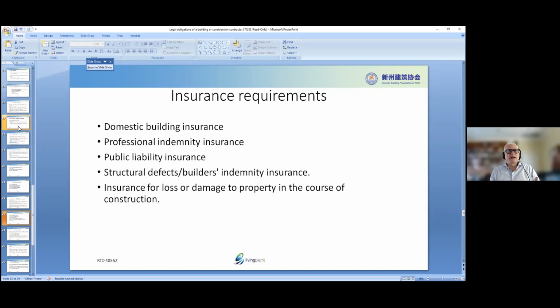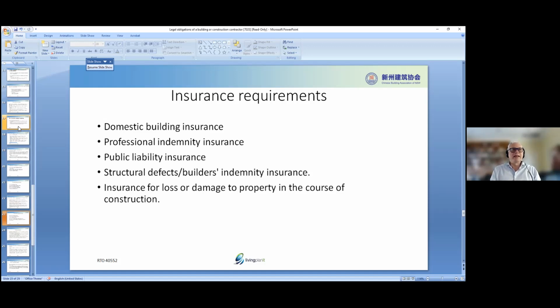Now, obviously we have other insurance such as PI, professional indemnity insurance, which is there for people who are providing consulting services. All your engineers, all your architects, they should have these things. However, as a builder, if I'm doing design and construct buildings, I need it because I'm providing the design and building.